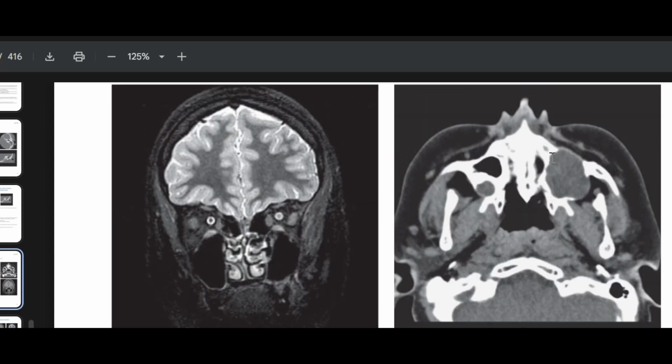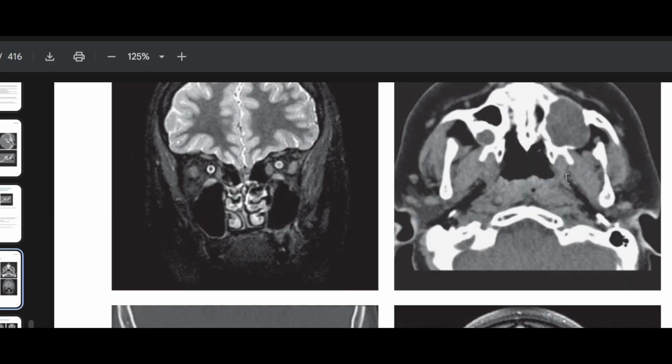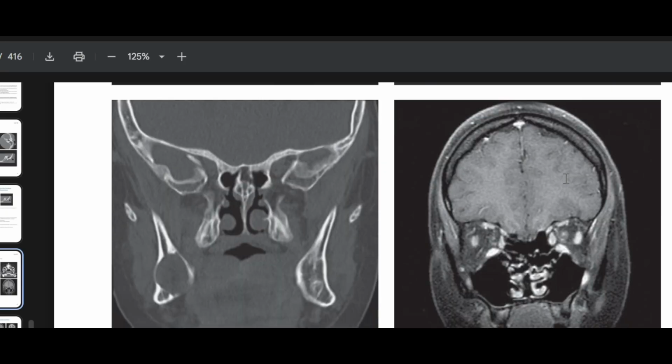Let's make it larger. Yeah, these are the multiple expansile cystic-like lesions in the maxilla and the mandible.